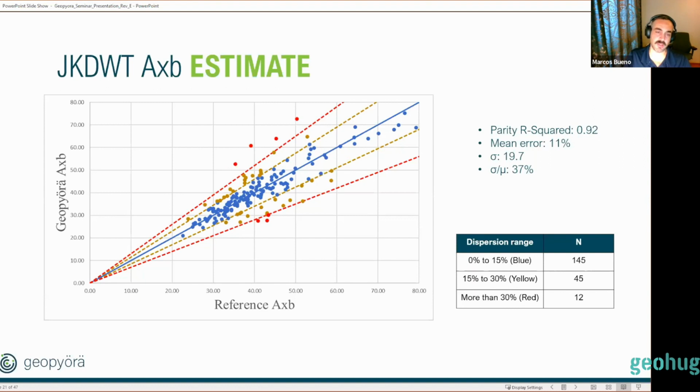They tested samples that they had already previously tested with the drop weight test or the SMC test, and then we tested them on the Geopyörä, comparing the A times B derived by our method with the A times B that they had from the traditional drop weight test method. We get a mean relative error of 11% and most of the results within plus or minus 15%, with a few outliers here and there.